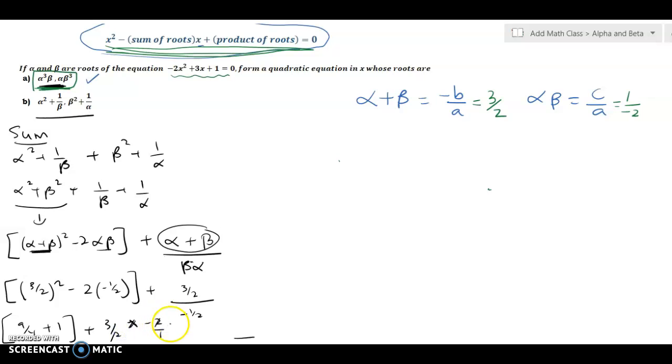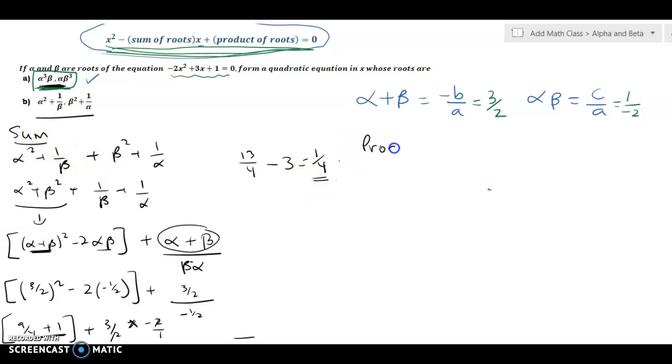Cancelling this, I'll get minus 3 here. So now this would be 13 on 4, this here works out to be 13 on 4 plus, minus 3 because of this minus here. So now simplifying this, get 1 on 4. So this, everybody, is the solution for the sum.